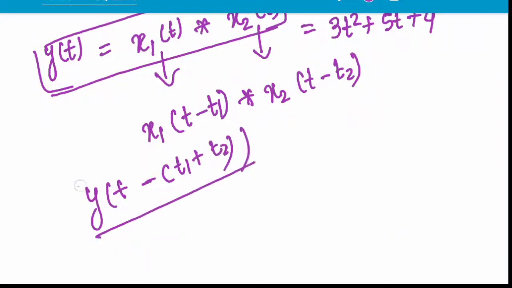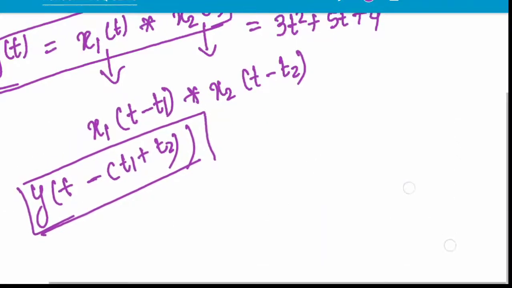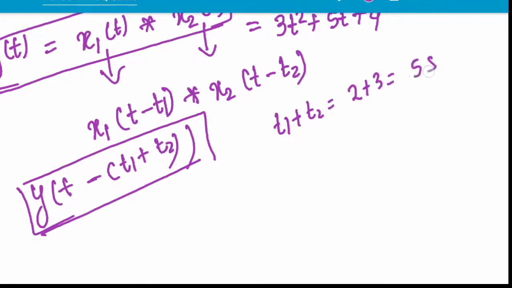This is the main thing. So here the total t1 plus t2 will be 2 plus 3, which is equal to 5 seconds.